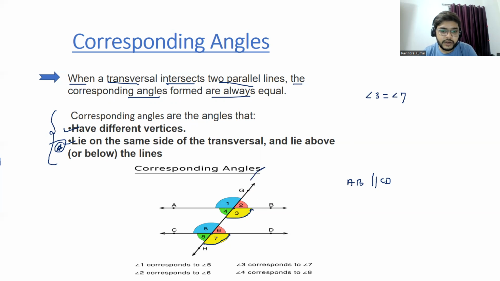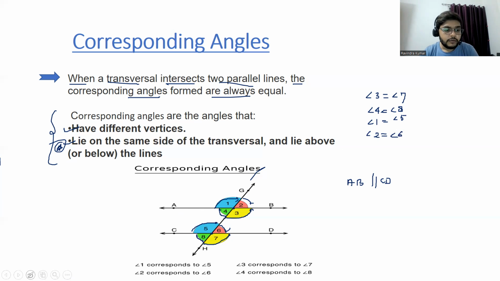Let's come to the next one. In the same way, angle 4 will be equal to angle 8. So easily we can identify angle 4 is equal to angle 8. In the same manner, angle 1 is equal to angle 5, and angle 2 is equal to angle 6.